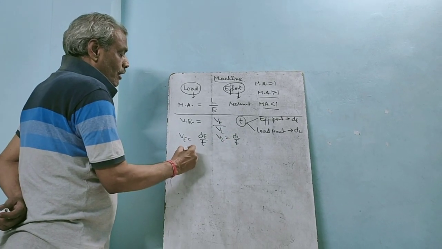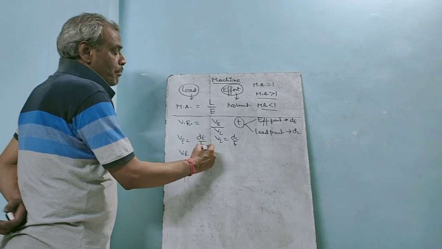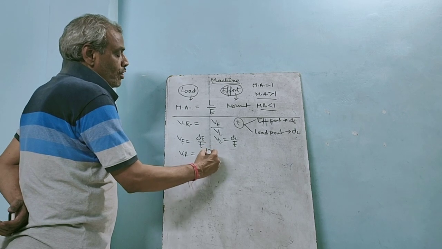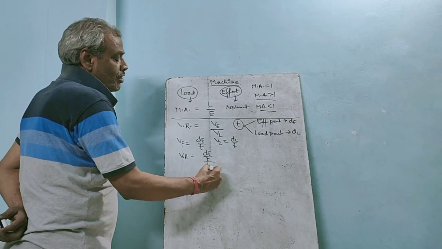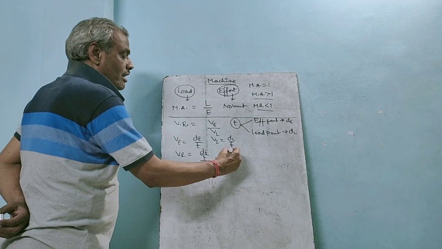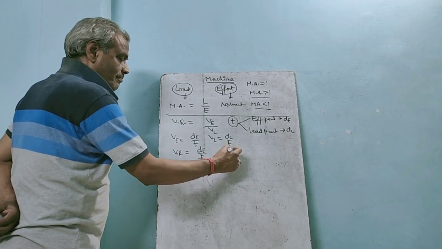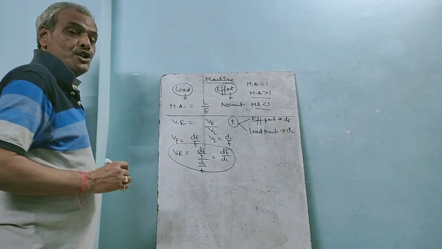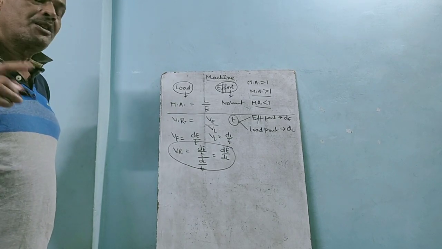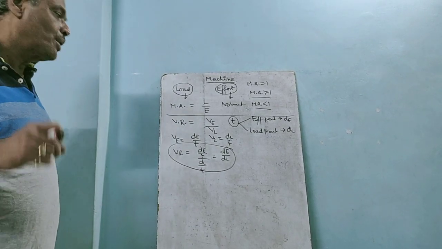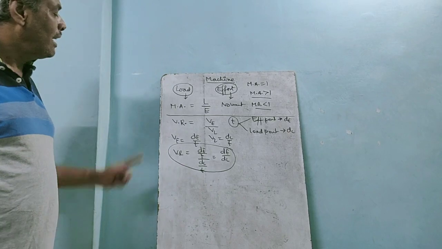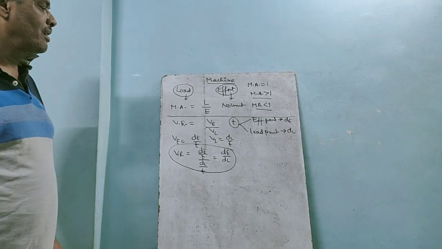So we can write velocity ratio, ve upon vl, as dE upon t upon dl upon t. We can write dE upon dl.